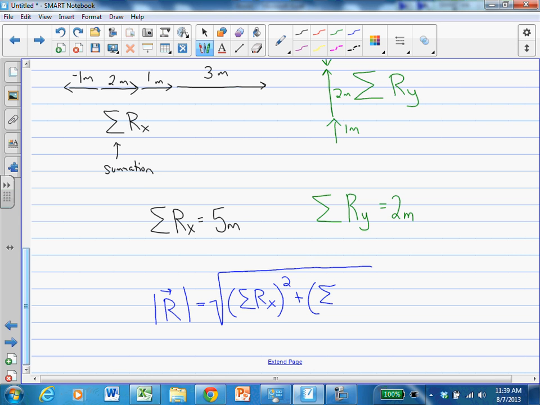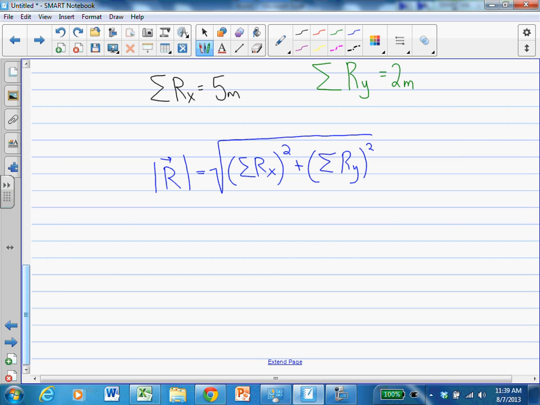So for our example, we already summed them all up. We would get the magnitude of R equals the square root of 5 meters squared plus 2 meters squared, square root parentheses 5 squared plus 2 squared, close parentheses, is 5.39 meters.